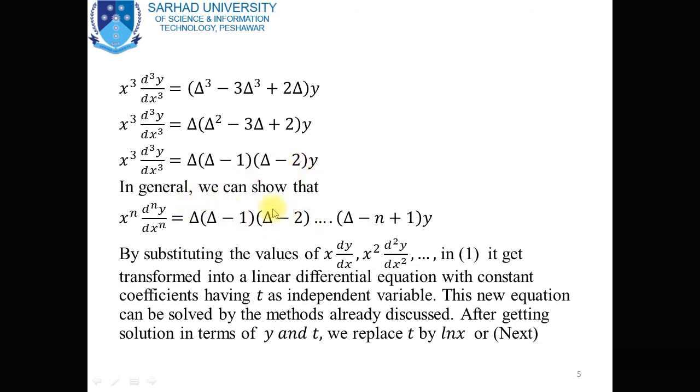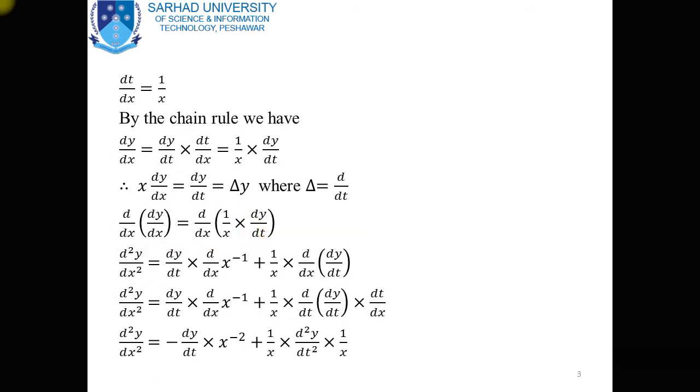So that the Cauchy-Euler differential equation can be easily converted into a higher order non-homogeneous linear differential equation with constant coefficients. And you see over here how to calculate the value of dy by dx, the value of x dy by dx, the value of x square d square y by dx square, and the value of x cube d cube y divided by dx cube. You see here all these procedures.